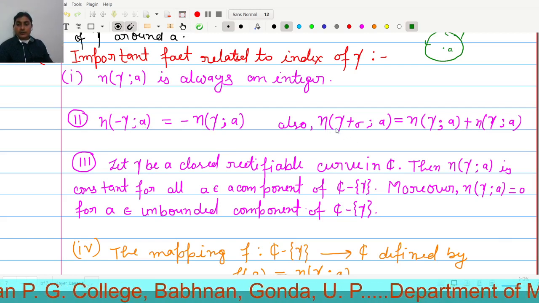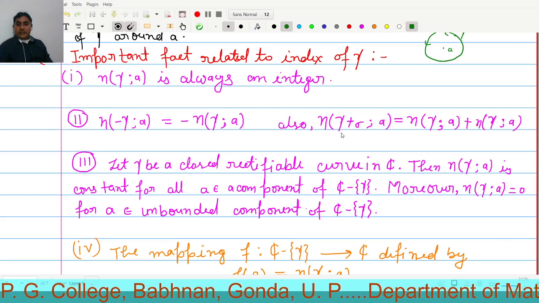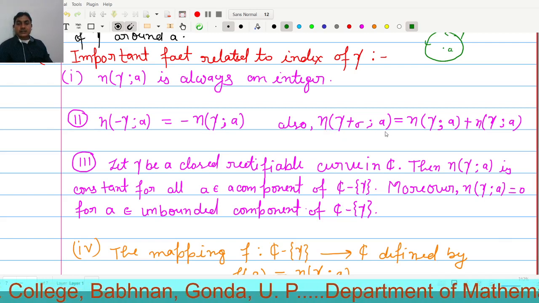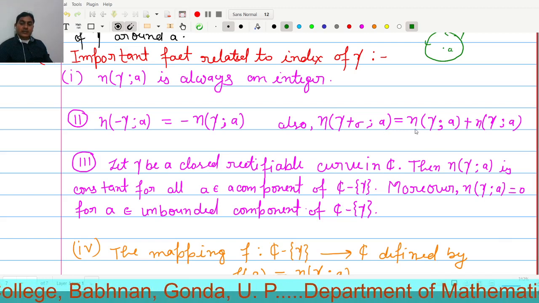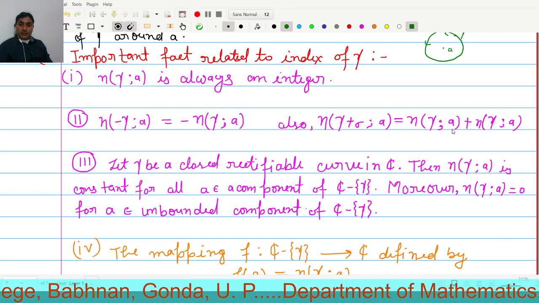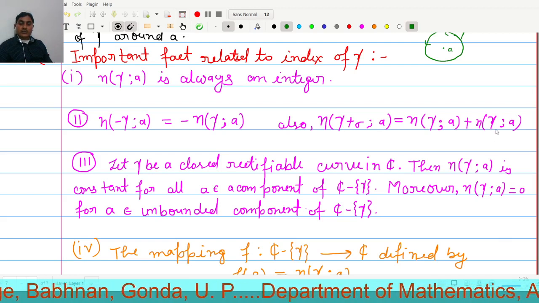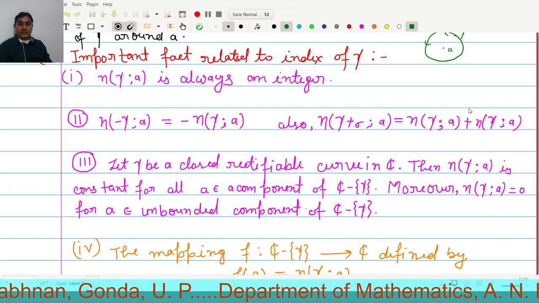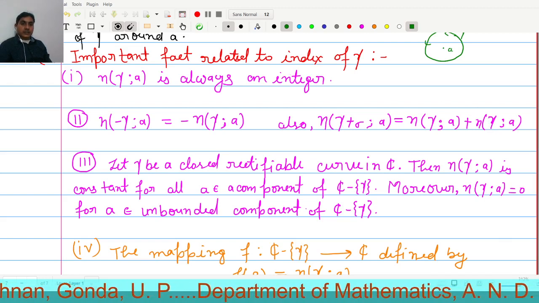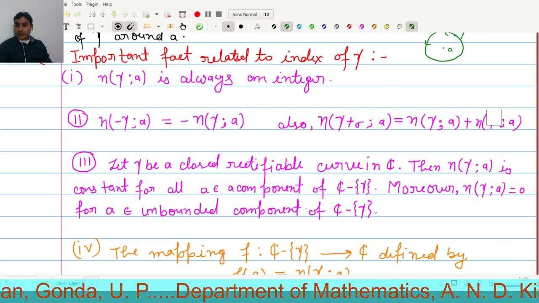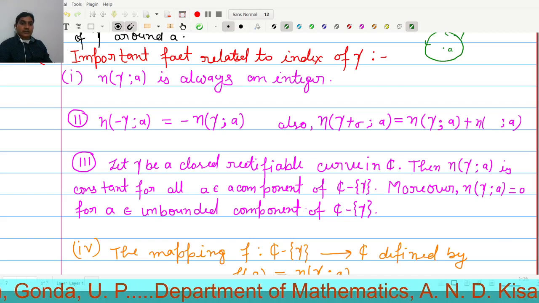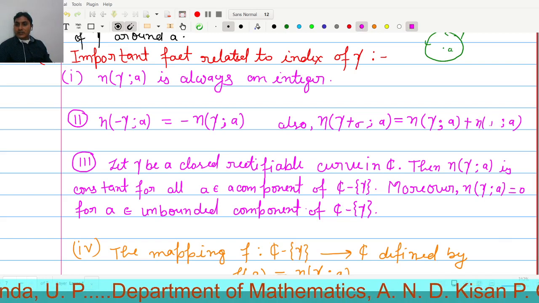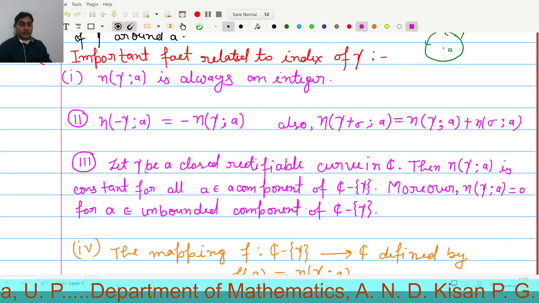And the winding number of the sum of two curves about a is the winding number of gamma with respect to a plus the winding number of sigma with respect to a. There should be sigma here, so I am erasing this one; a little mistake.